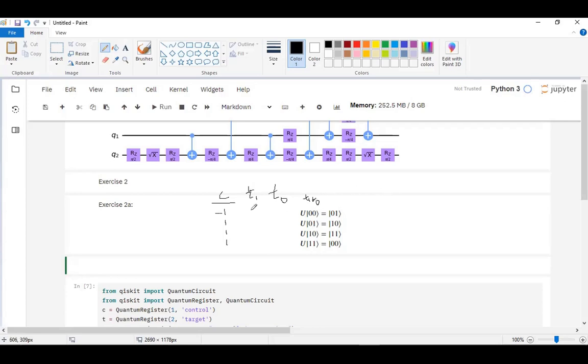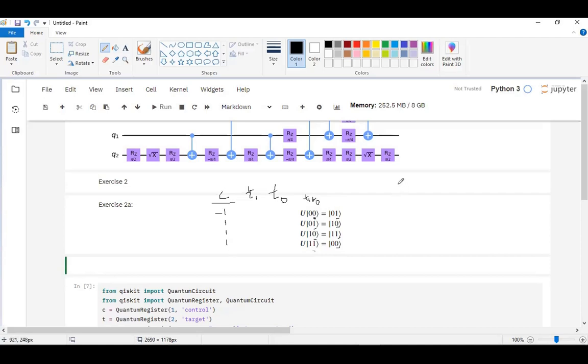If I just talk about C and T0, you need to see that in all the cases the control qubit is 1, and every time there is a transformation in this particular qubit, which is T0. So this 1 becomes 0, and then 0 becomes 1, and then 1 becomes 0.